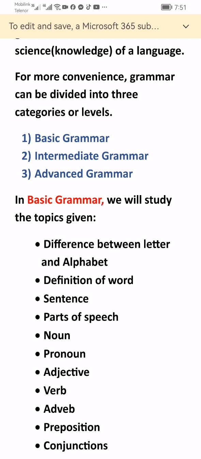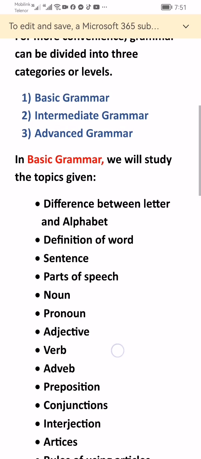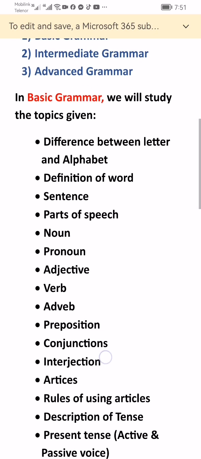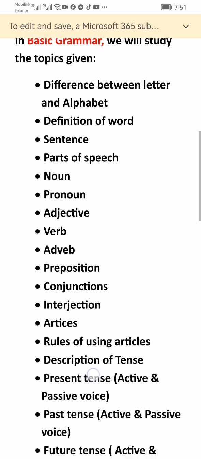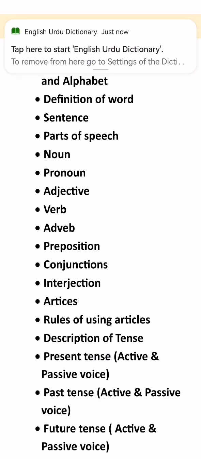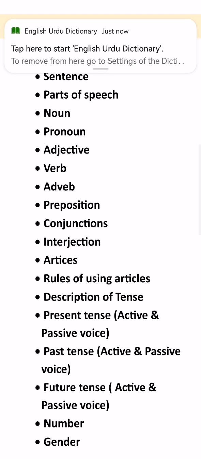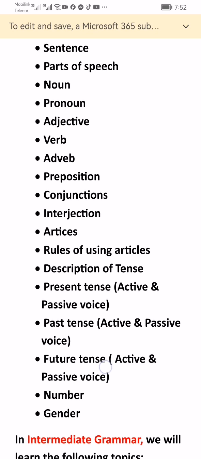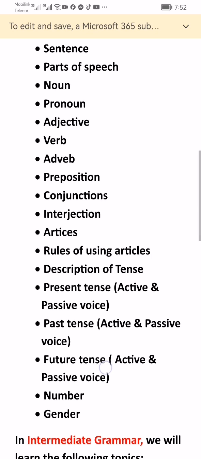Then we move on to the definition of words, then we will discuss sentence, then parts of speech, then noun, pronoun, adjective, verb, adverb, preposition, conjunction, and the next will be interjection, and the next articles, and then we move to the rules of using articles. How can we use articles correctly in the English language?